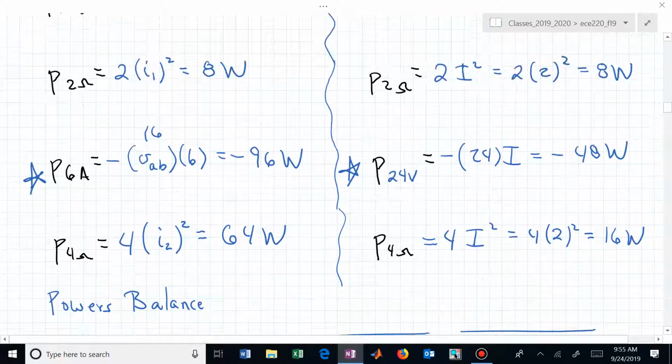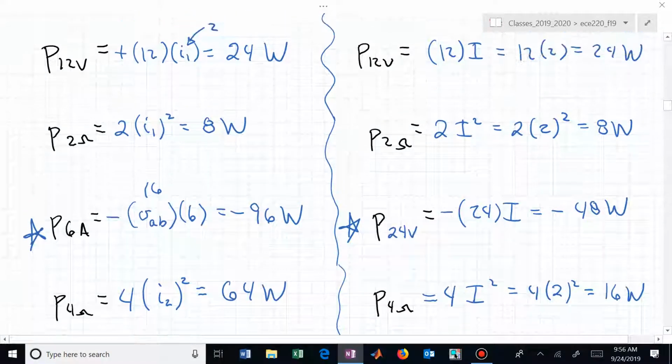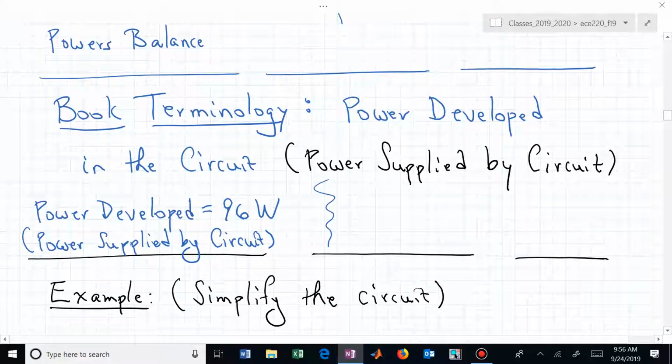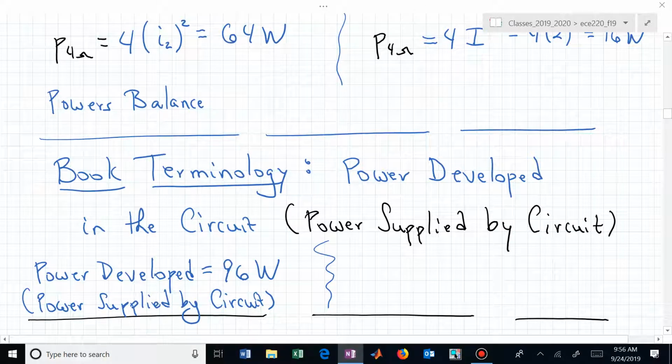What about over here? What's the power developed in the right-hand circuit? 48 watts. That's the power supplied, and those are not the same. So when we start doing source transformations, we can't be worrying about the power associated with the sources that we've now tried to transform.